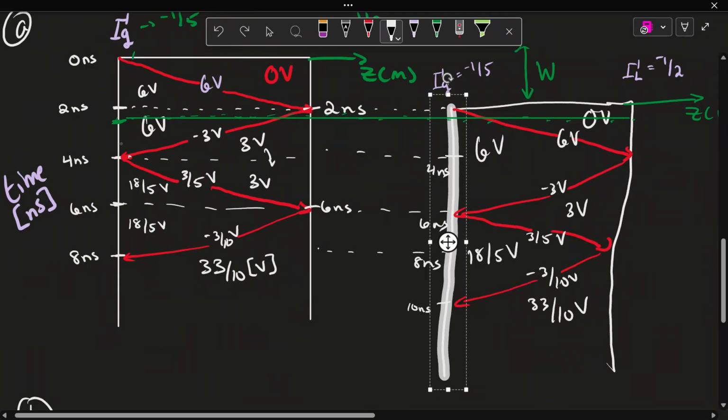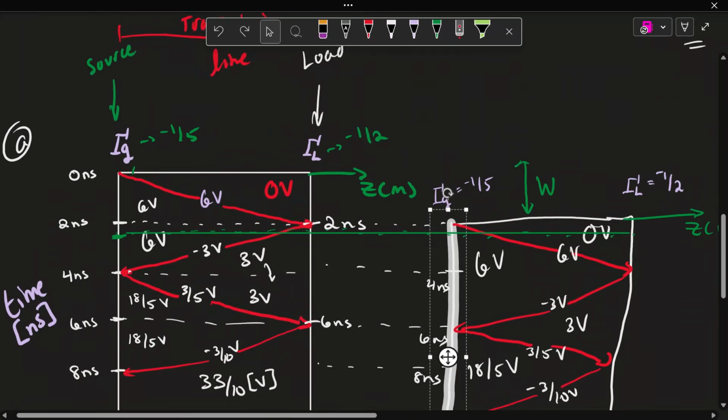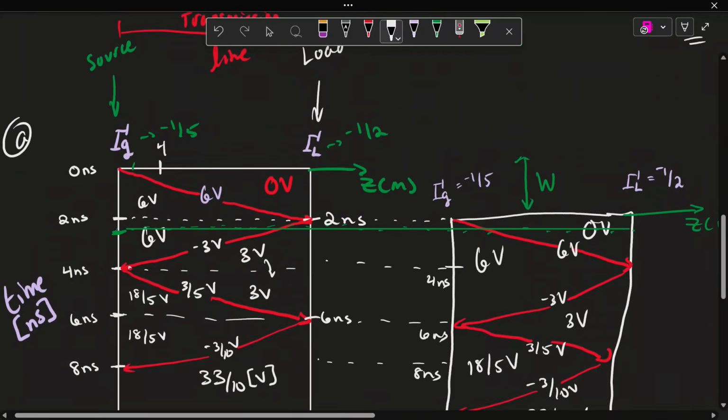If it were to be at 3.5 down here, it doesn't cross it halfway between L and L over 2. And remember, this is L over 4, this is L over 2, and this is 3L over 4. Because remember, this entire thing is the transmission line from 0 to L.